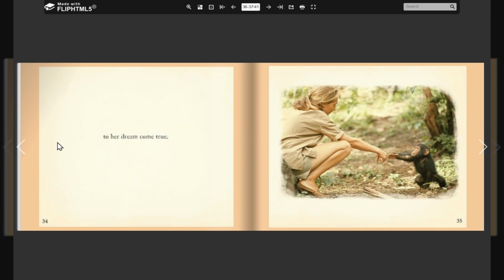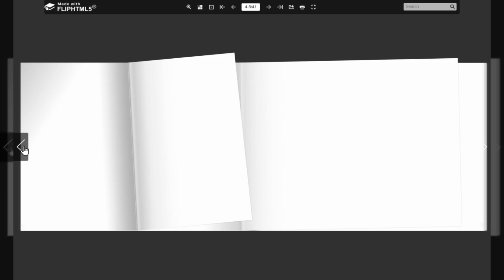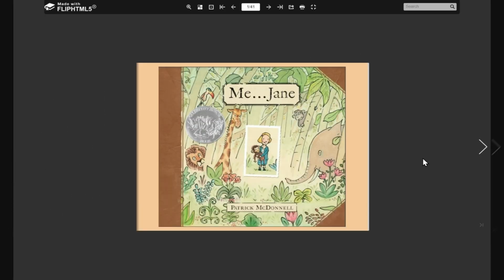My last question is, all the pictures that we looked at, how do the illustrations and photographs show you how Jane made discoveries about animals? I'm going to flip really fast back so I can flip through the book so we can answer that question.